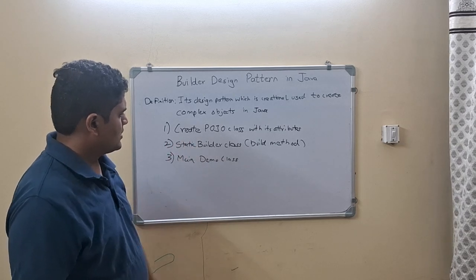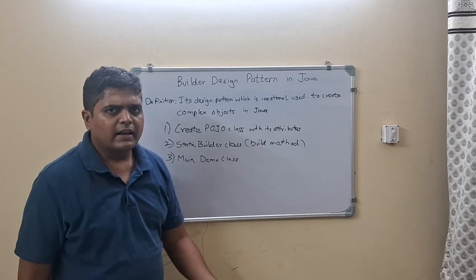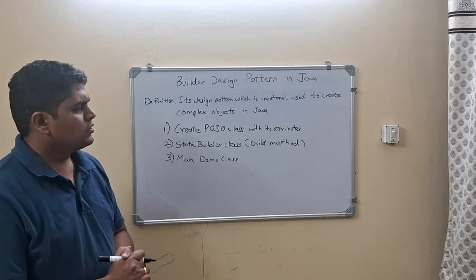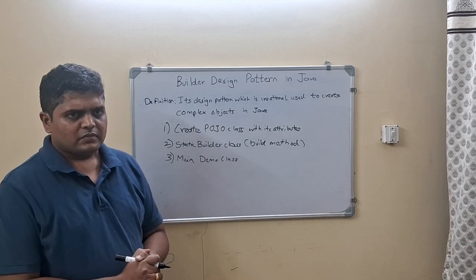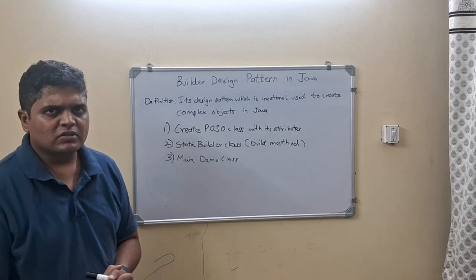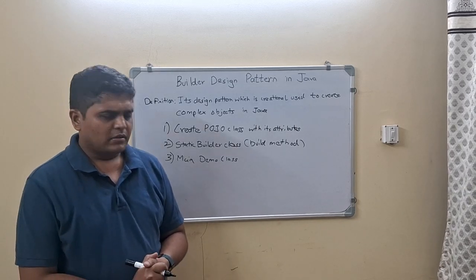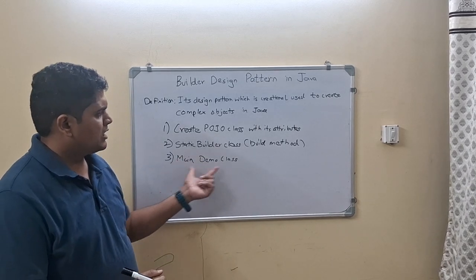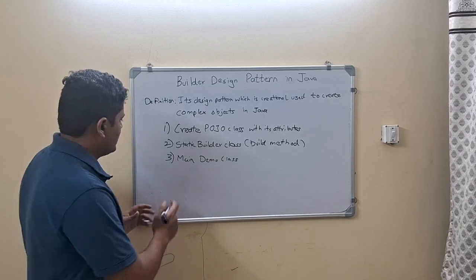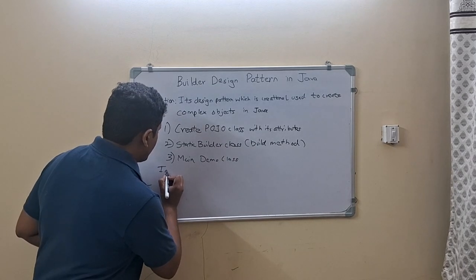a Pojo class, a static builder class, and a main demo class. The advantage of this is that it provides immutability. With the help of the build method, the builder design pattern provides immutability. So that is one important factor.